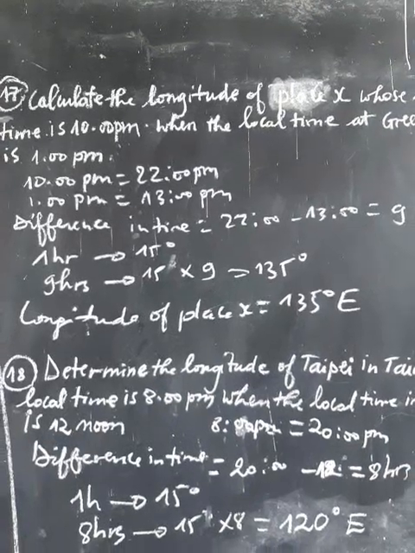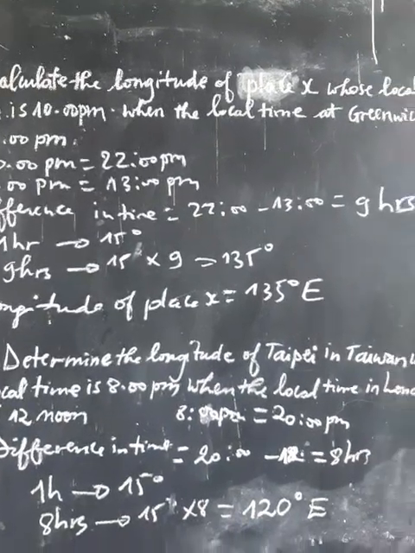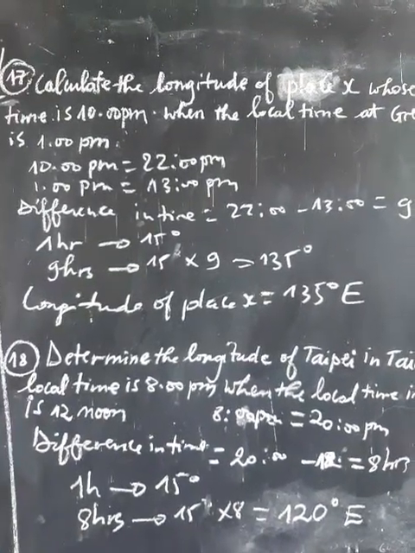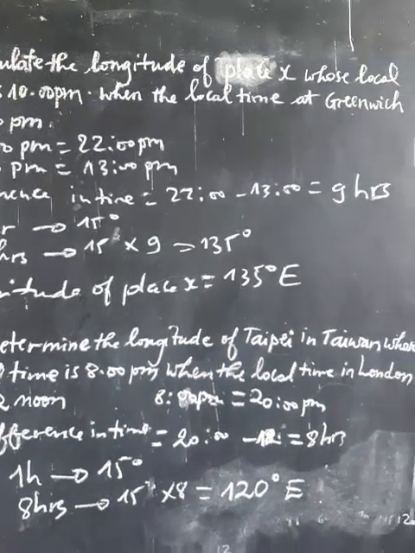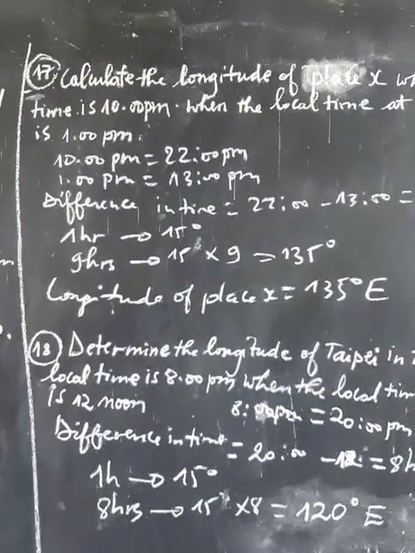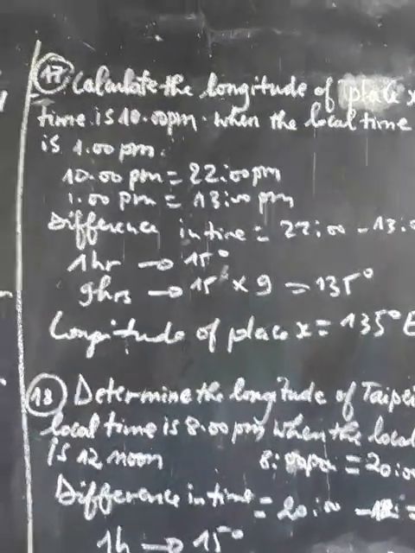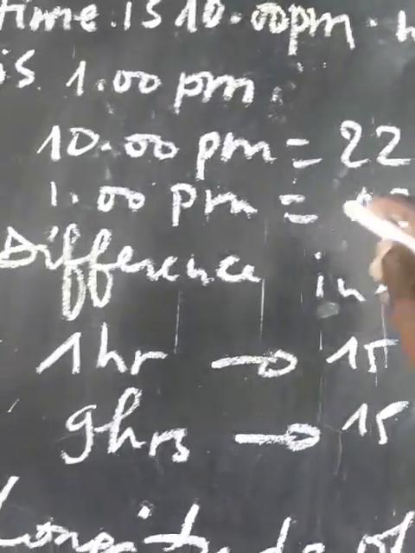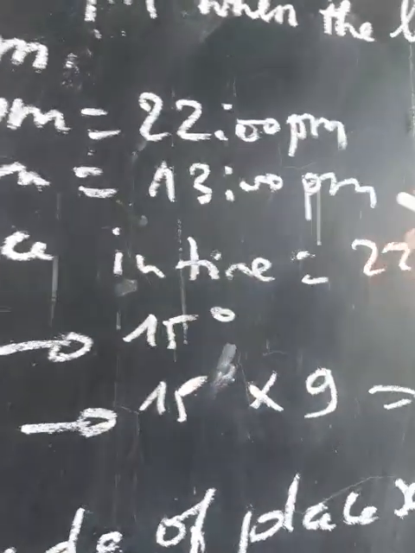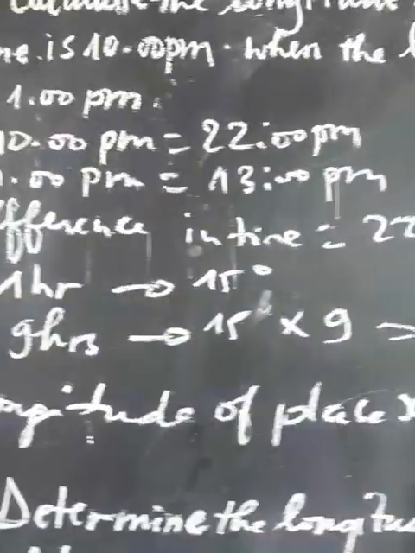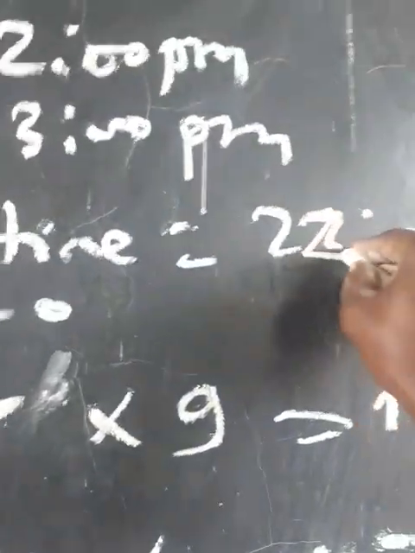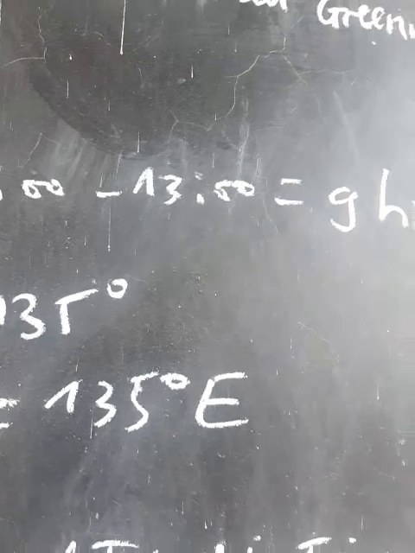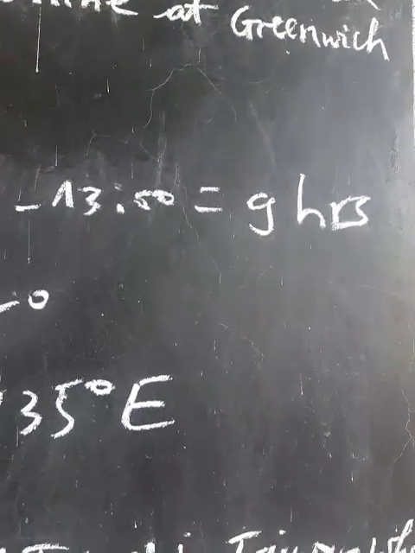Calculate the longitude of place X, whose local time is 10:00 p.m. when the local time at Greenwich is 1:00 p.m. It means 10 p.m. is equal to 22 and 1 p.m. is equal to 13. Then we find the difference in time. We take 22:00 minus 13:00, equal to 9 hours.